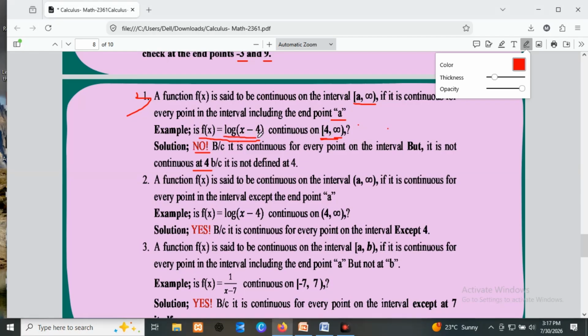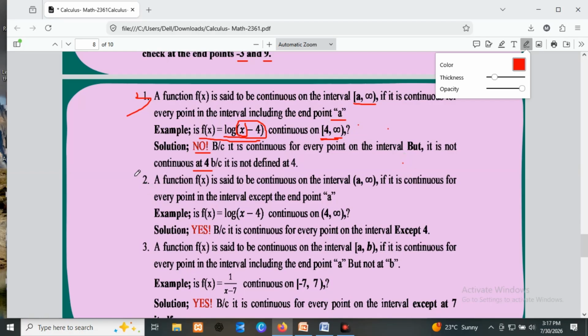If you substitute 4 for x, then 4 minus 4 is 0. Log 0 is undefined. So if it is undefined at 4, it is not continuous over the interval.